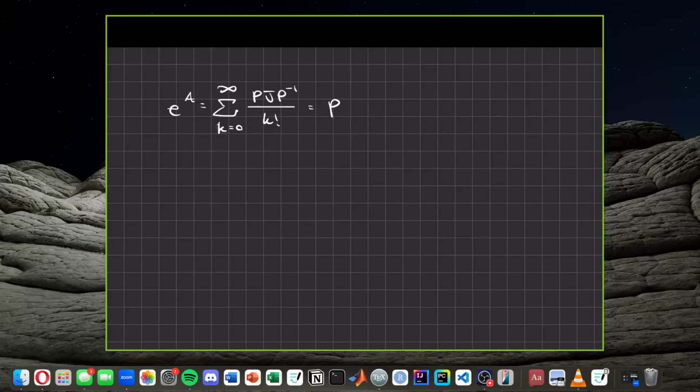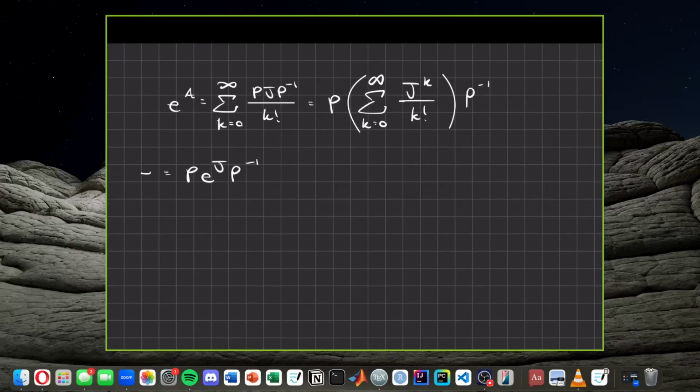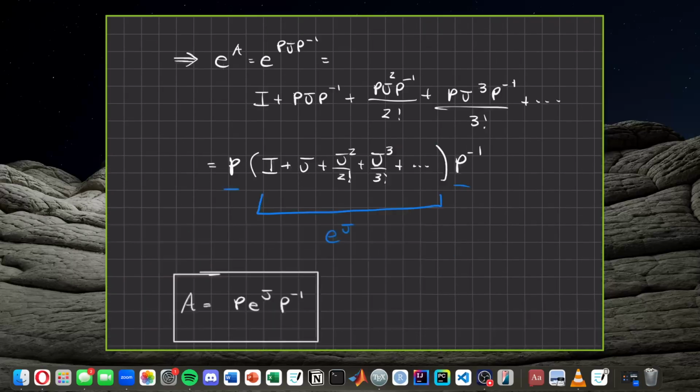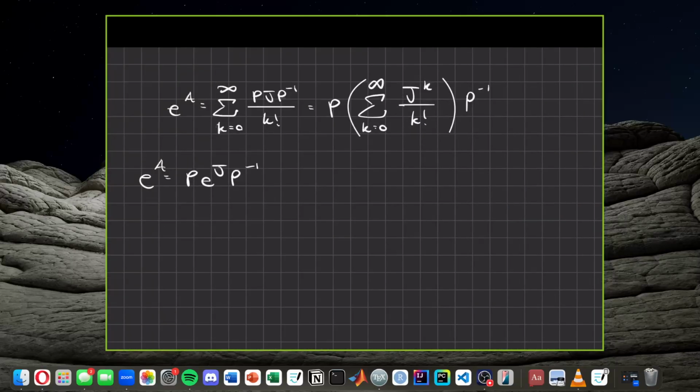We pulled out that P and we just looked at the inner sum from 0 to infinity of J, considering all powers of K, over K factorial, times P inverse, which came out to P e to the J P inverse. All right, great. So this is what we have found for e to the A.